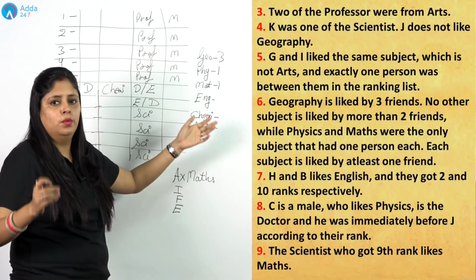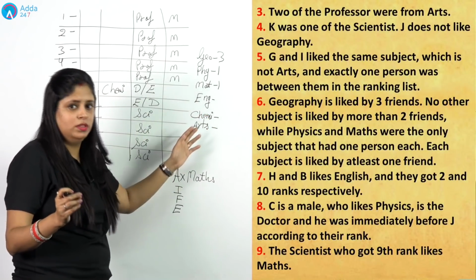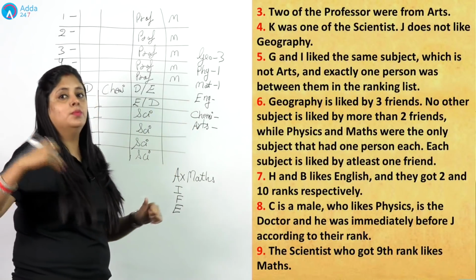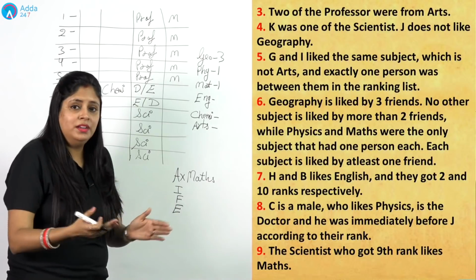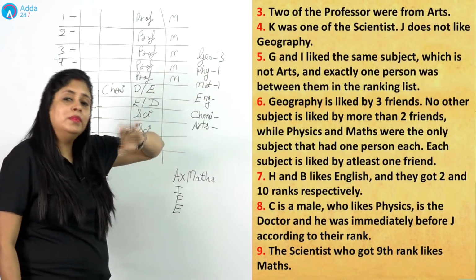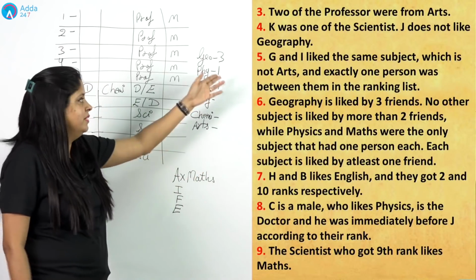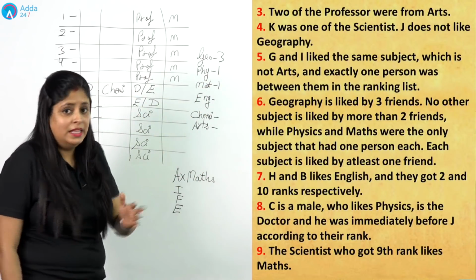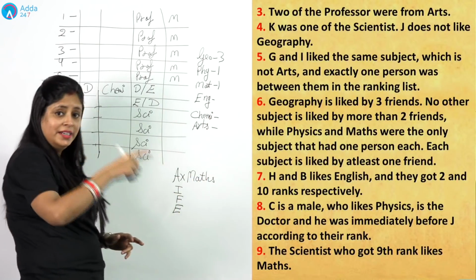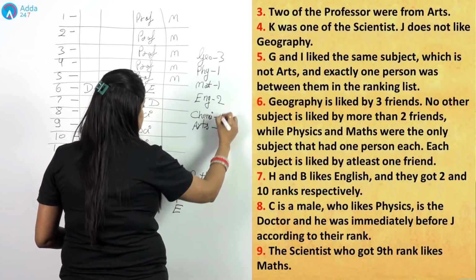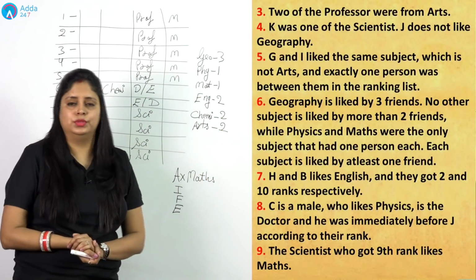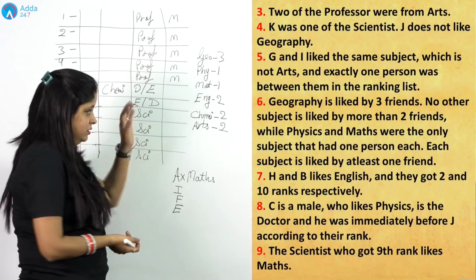At least one person prefers each subject, and not more than 2. So, at least 1 and not more than 2, and 3, 1, 4, 1, 5. So, how many friends are left right now? 5 are done, means 6 are left. 6 are left, so we can clearly distribute them based on that condition itself. 2, 2 and 2. We can distribute it on this note. Okay. So, this is also done.